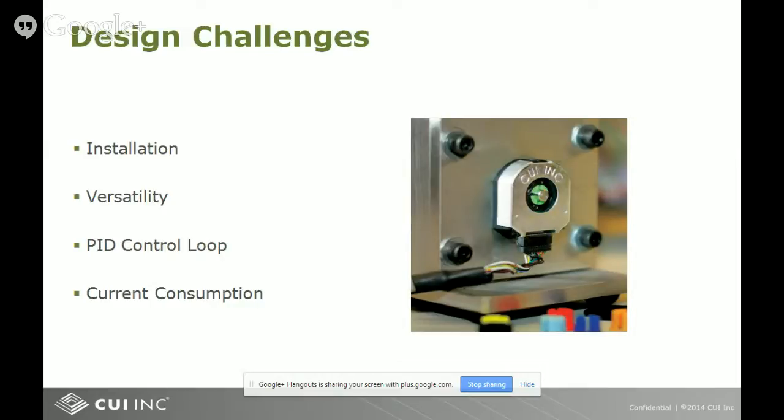Being able to have the versatility of, well, how many items do I have on the shelf, is something that isn't necessarily readily apparent to the designer as they're working on the specific design, but it is a larger concern, and can have an impact on the choice of encoder.